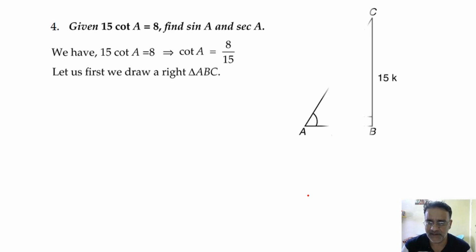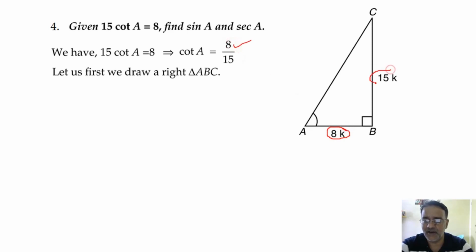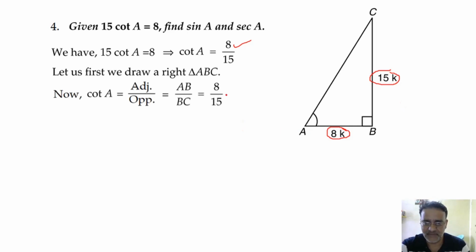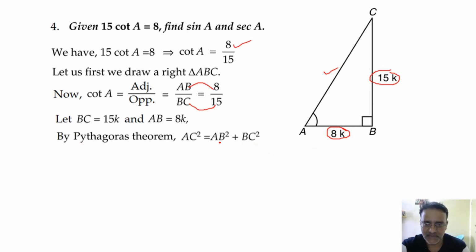So we'll draw one triangle first, and adjacent is AB, so we'll take AB as 8k and opposite BC as 15k. Now we'll find AC by using Pythagoras theorem. So AC square is equals to AB square plus BC square. AB is 8k and BC is 15k.